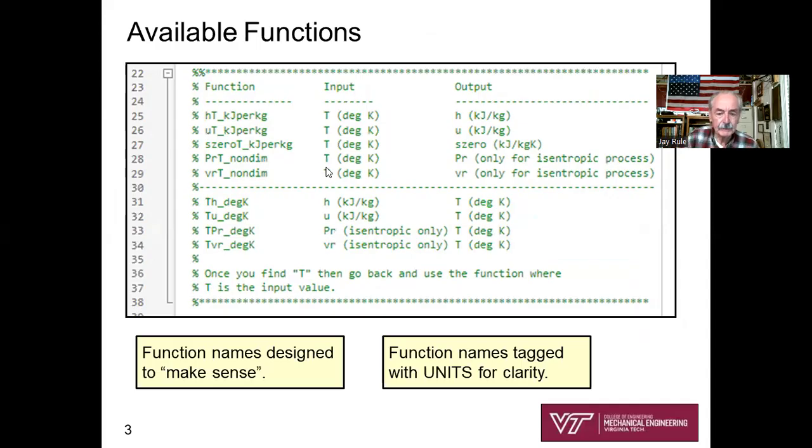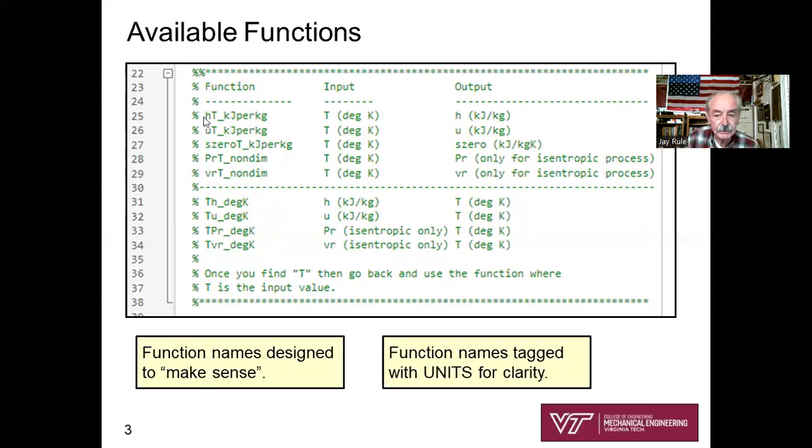So let's just quickly go over the function list and realize that I've tried to name the functions in a logical way. So for example, this first one, h of T underscore kilojoules per kilogram. Well, there's the units. I've tagged all of these function calls with units, because remember, one file will be SI units, another file will be English units.